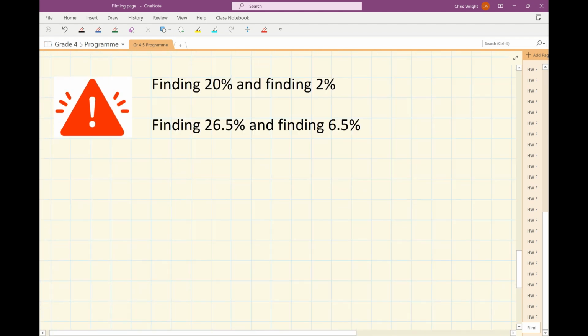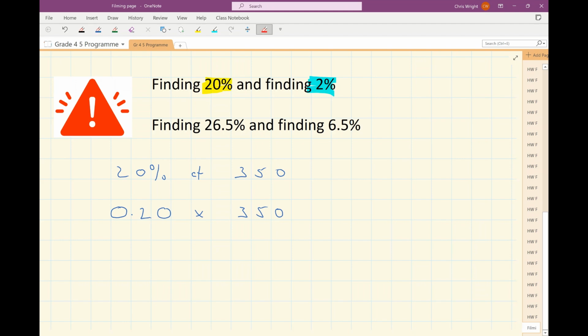Well, you need to be very clear in your head about the difference between finding 20% of something and finding 2% of something. If we're finding 20% of 350, we're going to do 0.2 or 0.20 times 350.